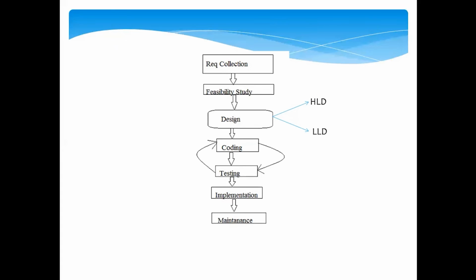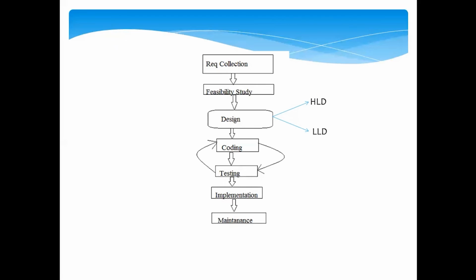What are all the phases involved here, what we are doing, and when exactly the testing team starts, I covered all these things. For each and every SDLC model there will be some advantages and disadvantages. Definitely the waterfall model has some advantages as well as some disadvantages.